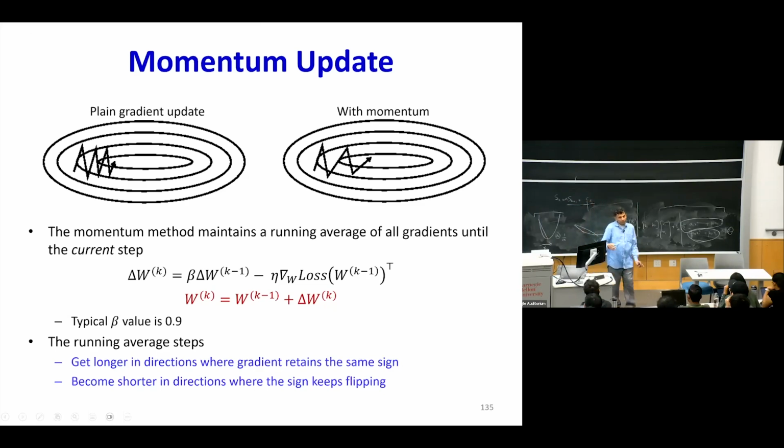You're always taking the previous value, scaling it down, and adding the new contribution. And in our case, we know that the correction is always the negative of the gradient, right? And so our step is going to be beta times the previous step plus the negative of the gradient, right?